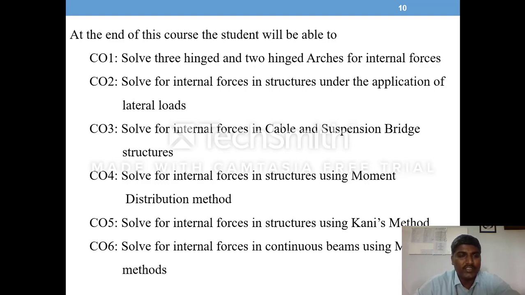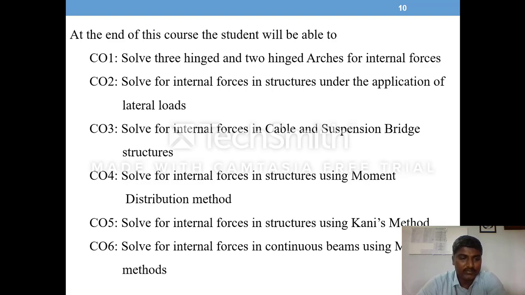So unit 3 will have course outcome 3, solve for internal forces in cables and suspension bridge structures. After undergoing unit 4 teaching, the student will be able to solve for internal forces in structures using moment distribution method. Similarly, for course outcome 5, solve for internal forces in structures using Kani's method.